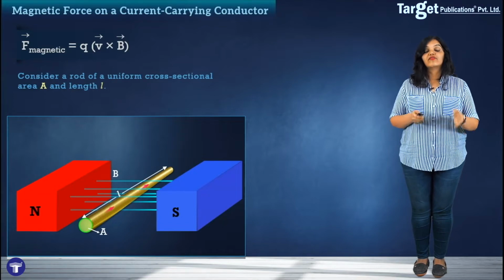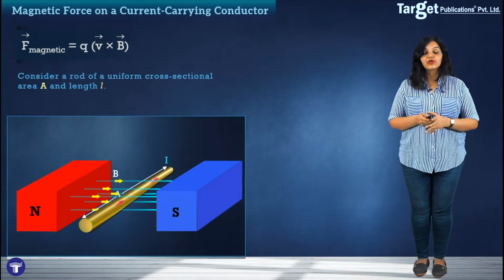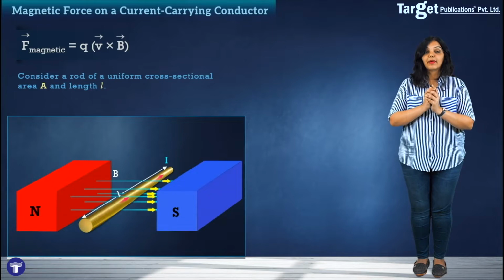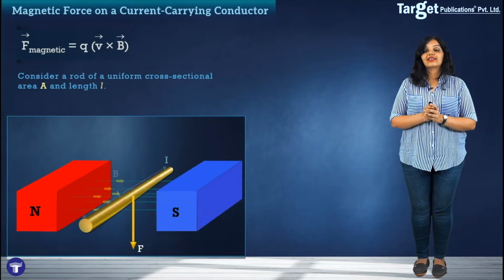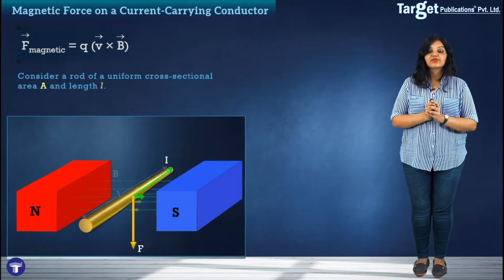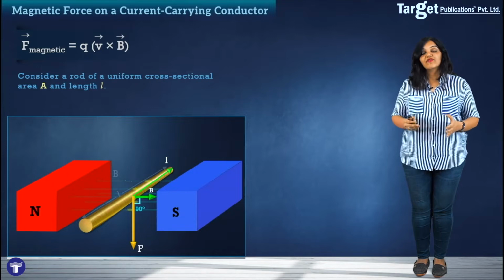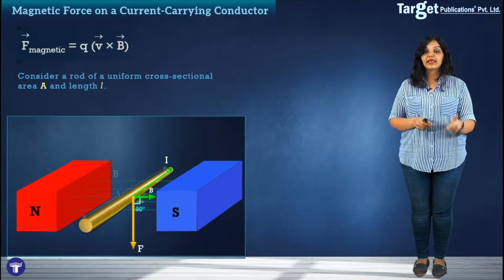In this case, we will find that the force acting on a current carrying conductor is perpendicular to the length of the rod, that is, it is perpendicular to the current I, and it is perpendicular to the field, that is B. So I say that F is perpendicular to I and F is perpendicular to B. So here we find that the force is perpendicular to the current and it is perpendicular to the magnetic field.